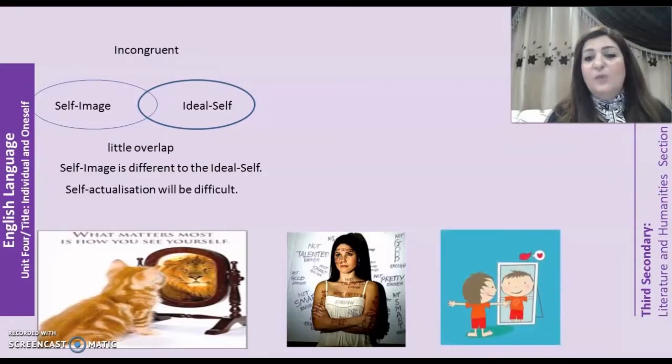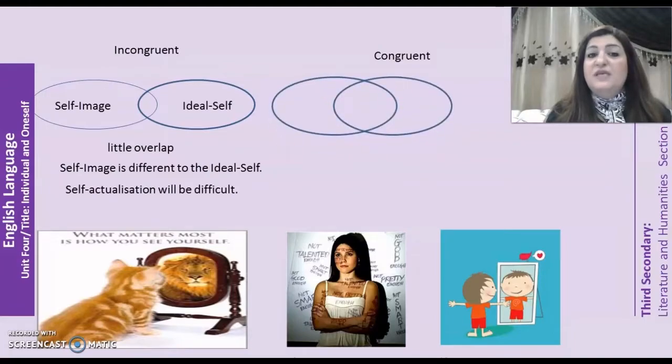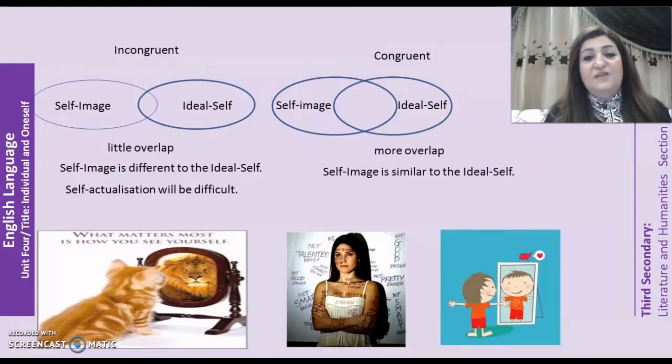Like this young boy who looks at the mirror, who loves himself, who believes in himself, this person has a congruent character, which means his self-image is closer to the ideal self. You see, there is more overlap. His self-image is similar to the ideal self.